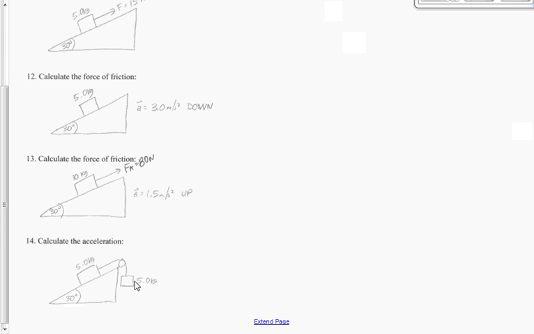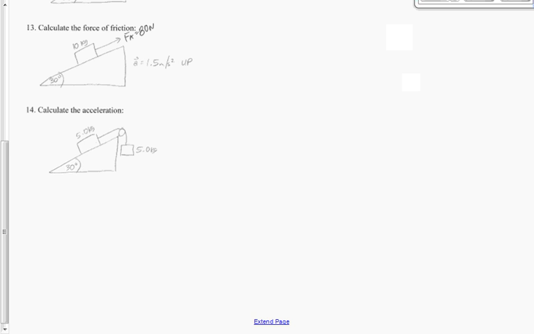Let's deal with F parallel. Here's the force of gravity. Here's the normal force. And remember that F parallel is perpendicular to the normal force, and it's parallel to the hill itself.